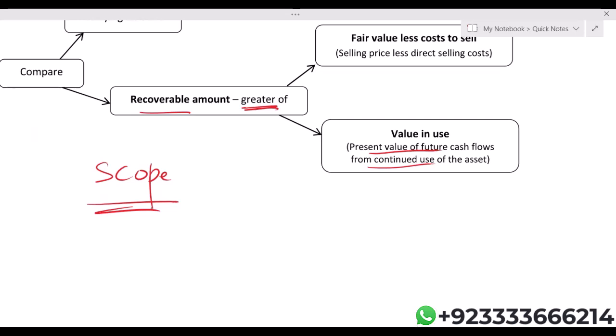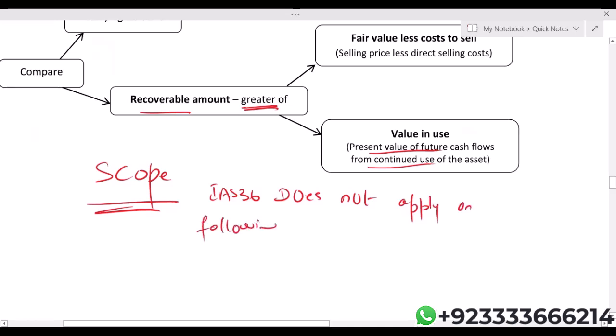Obviously, if I know the list on which IAS 36 is not applicable, it means for all other assets IAS 36 is applicable. So, scope: IAS 36 does not apply on the following assets.